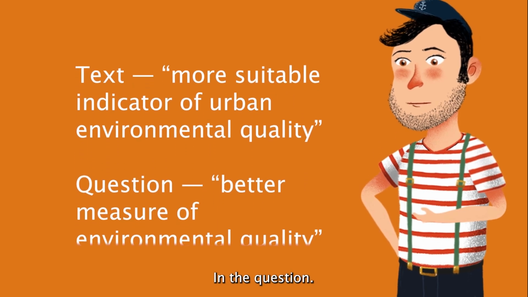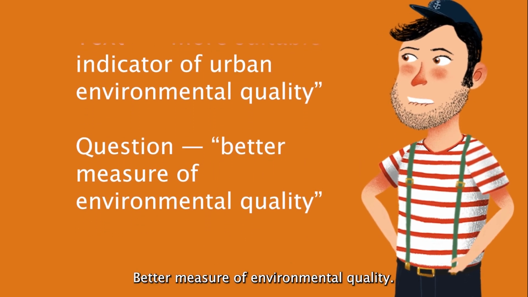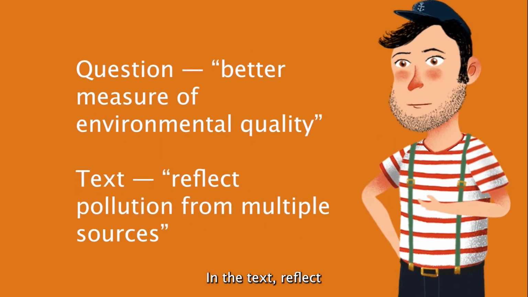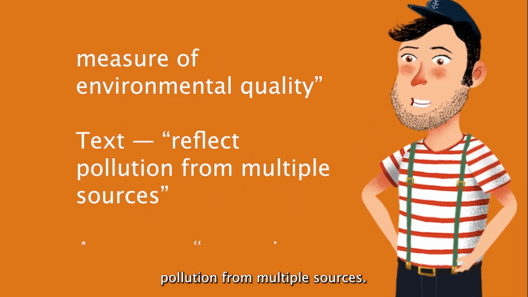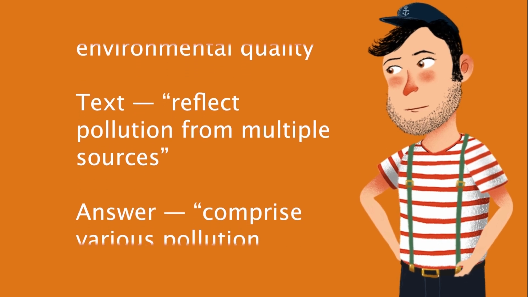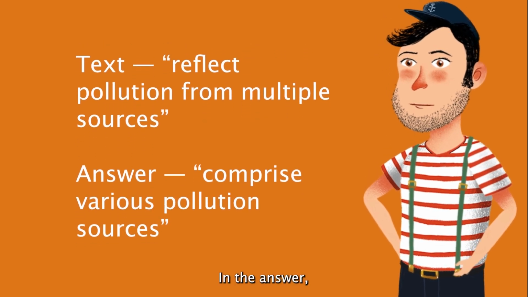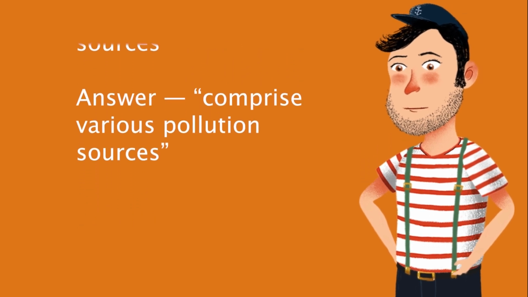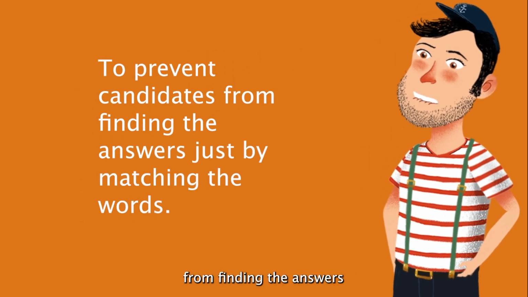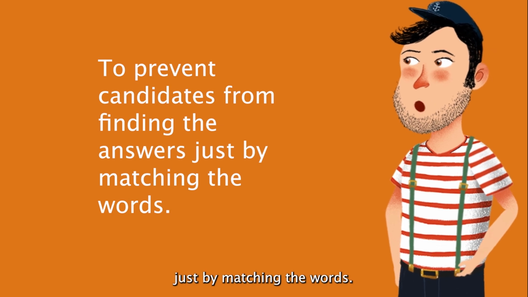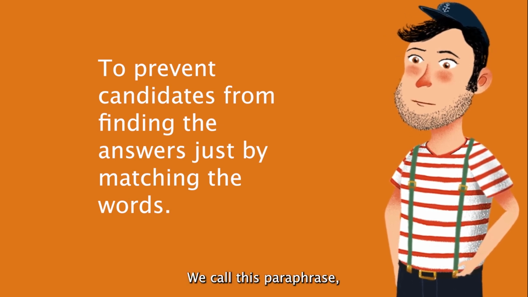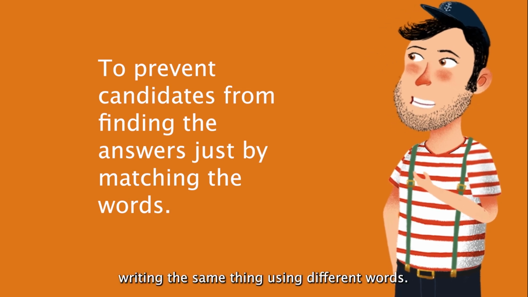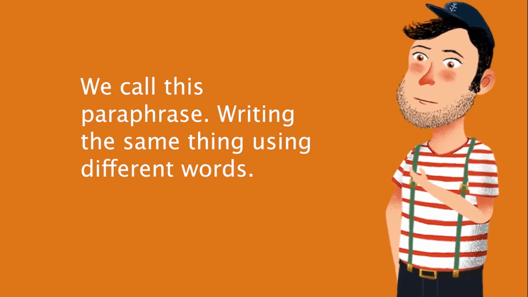In the question, better measure of environmental quality. In the text, reflect pollution from multiple sources. In the answer, comprise various pollution sources. This is to prevent candidates from finding the answers just by matching the words. We call this paraphrase. Writing the same thing using different words.